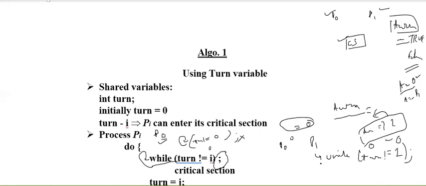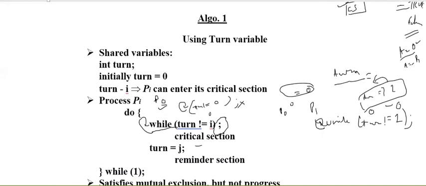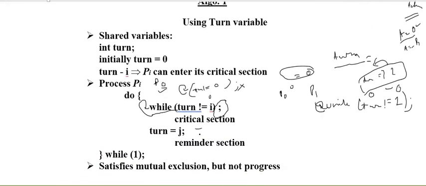So P1 is going to wait, and when P0 comes, definitely P0 will enter. So it's quite easy that only one process at a time will enter.